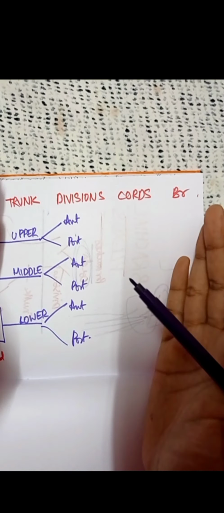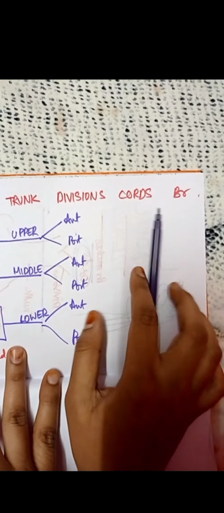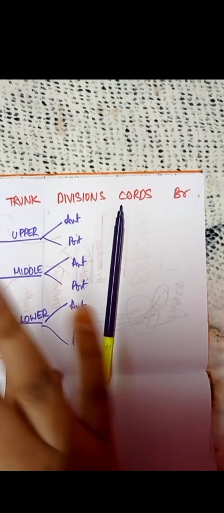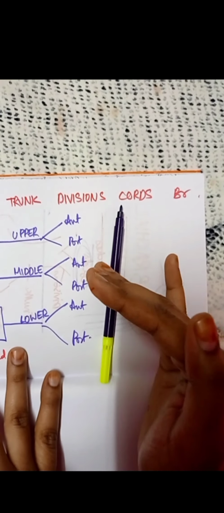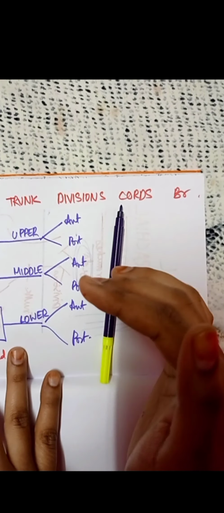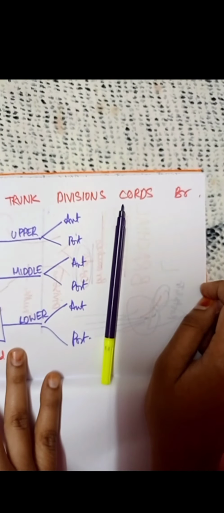Now cords, see carefully. Who is combining with whom? You remember it like this: anterior and posterior are enemies. They will not combine with each other. An anterior will combine only with another anterior. It will not combine with a posterior one.